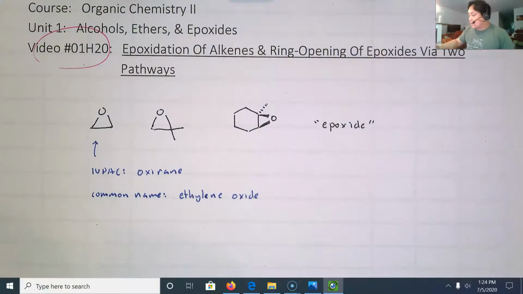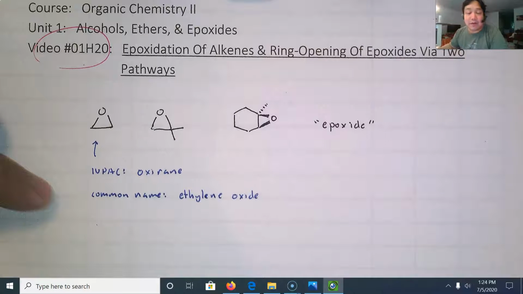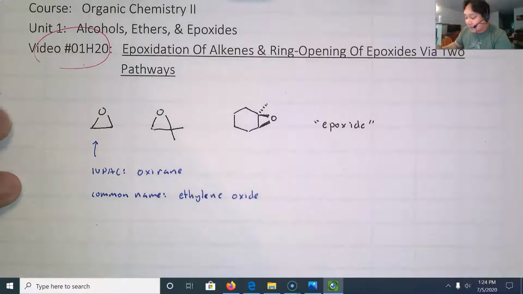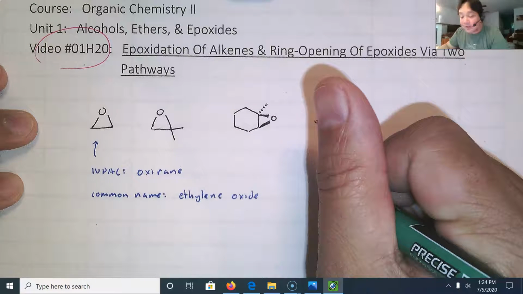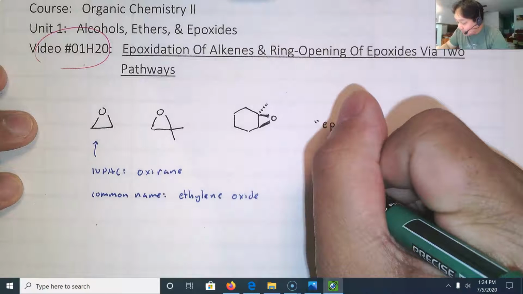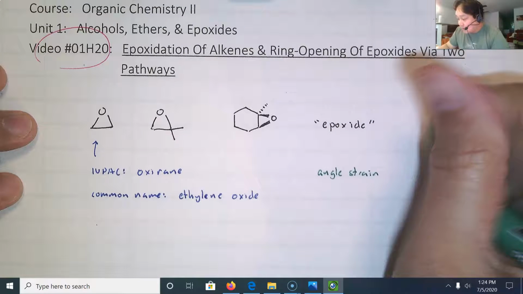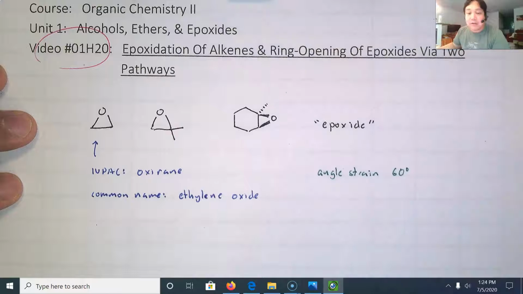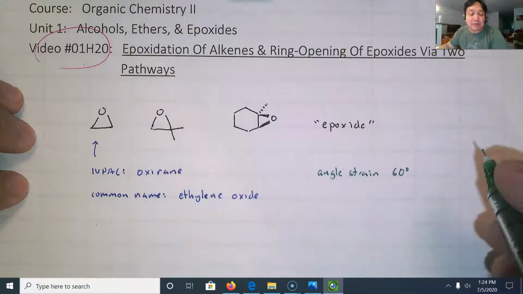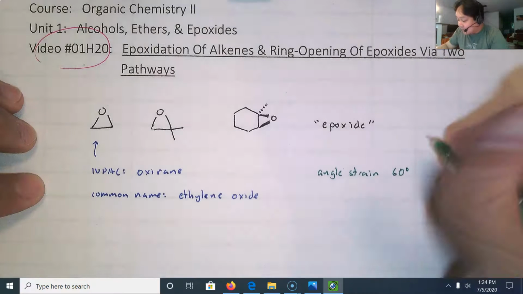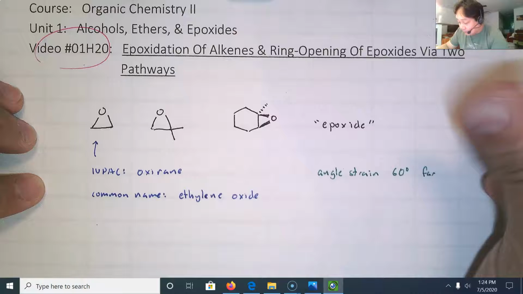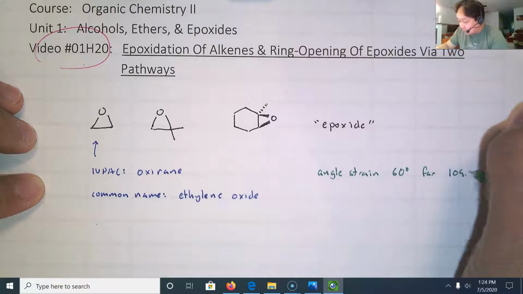If you think about the structure, even if you try to make it with your models, I think you'll experience that epoxides have a lot of angle strain. The internal angle of an equilateral triangle is 60 degrees, so that's far from tetrahedral, which is 109.5 degrees.